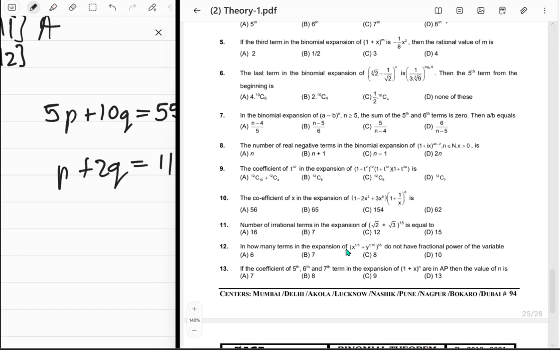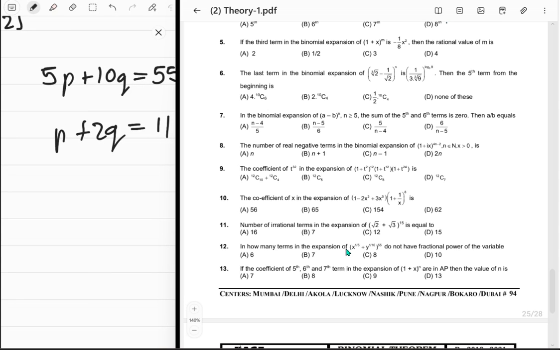Now, how many solutions of this? Just start off with one solution and keep going. P cannot be 0, p has to be 1 at least. So if p is 1, then q can be 5. Of course, p just has to be odd, because look at the equation.